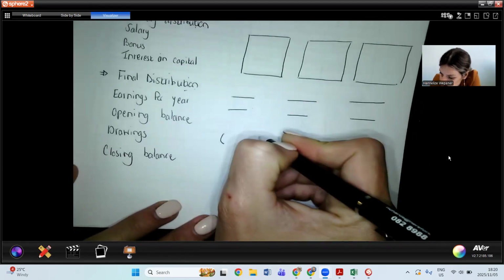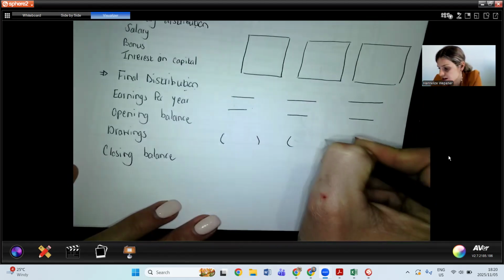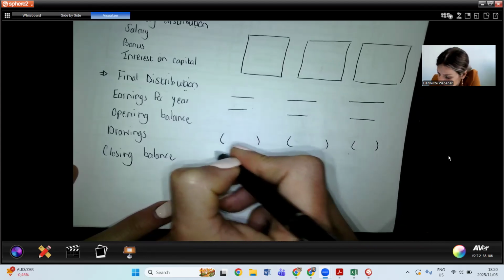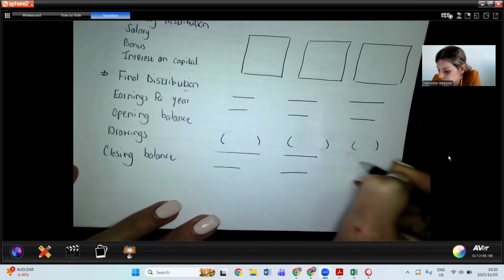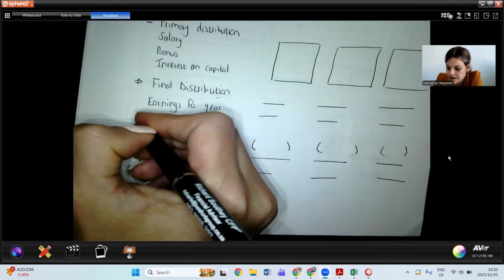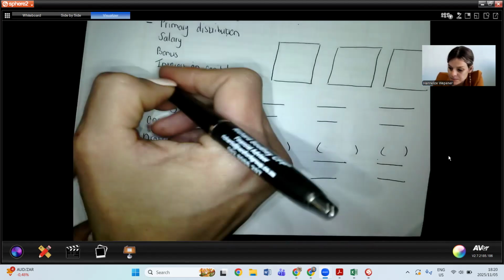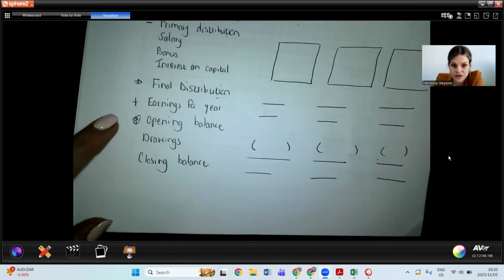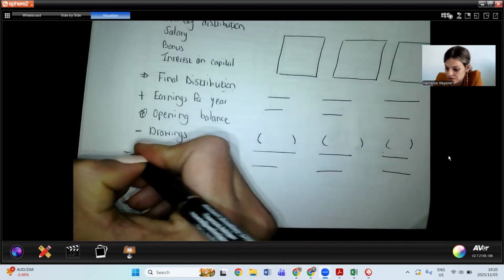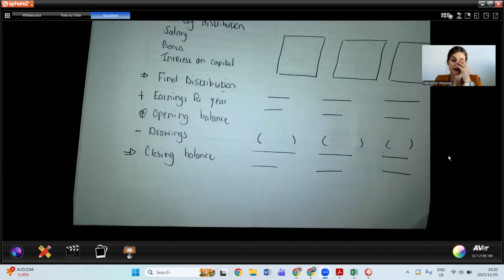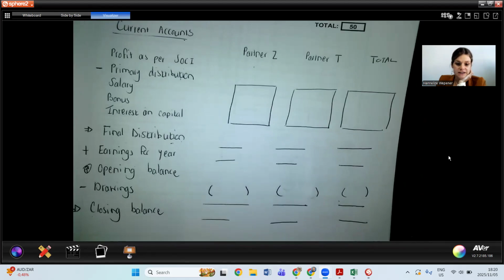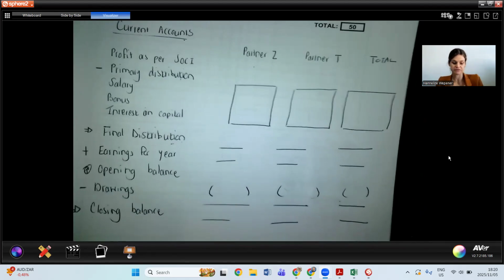So remember, drawings are subtracted, and then it will give you a closing balance. Your opening balance plus your earnings for the year minus your drawings for the year will be equal to your closing balance at year end. So that is your current account note within your SFP.